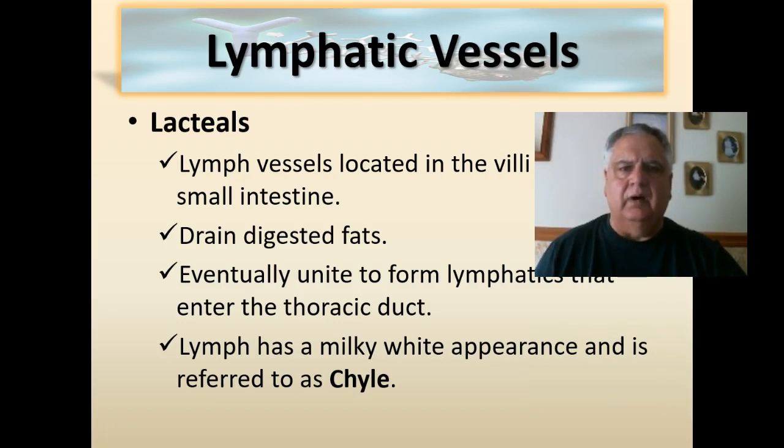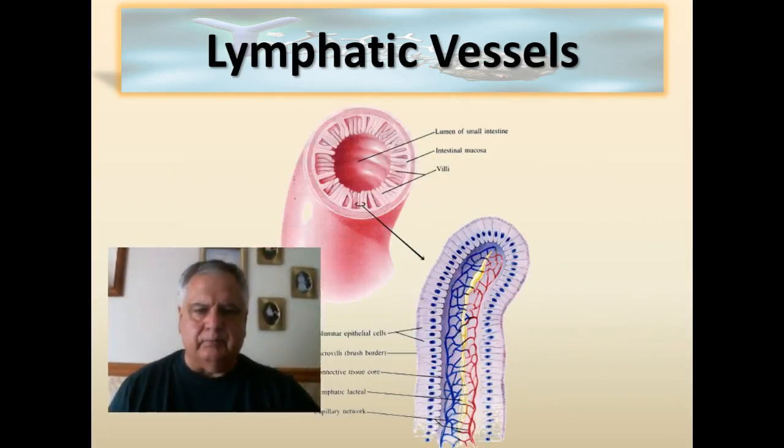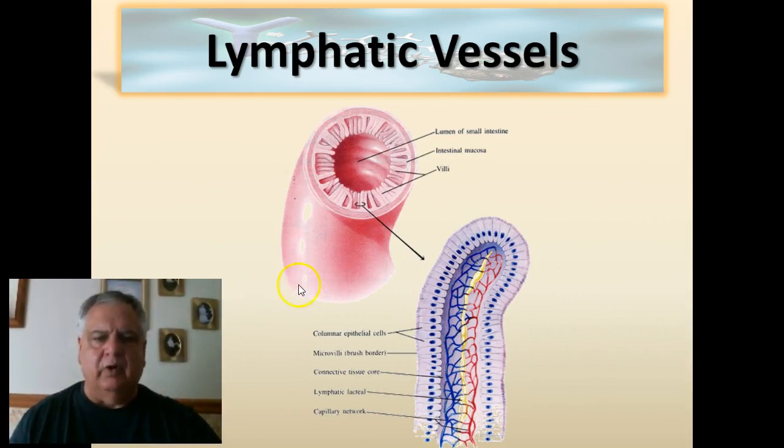Chyle is a type of lymph that has a very high concentration of fat in it and therefore has that milky white coloration to it. Lymph is normally clear, as we talked about earlier, but with this high concentration of fat, we refer to it as chyle.